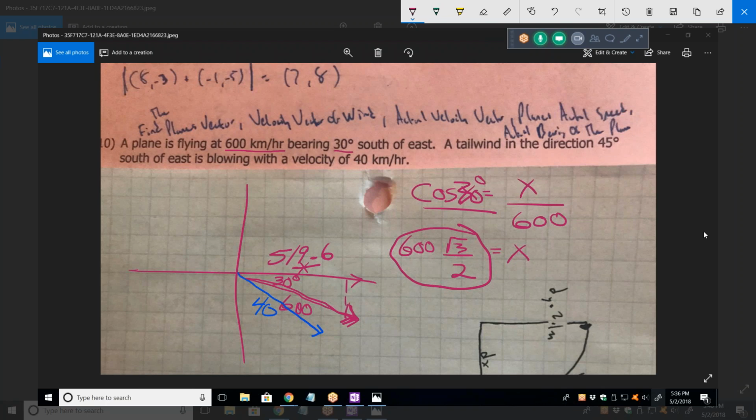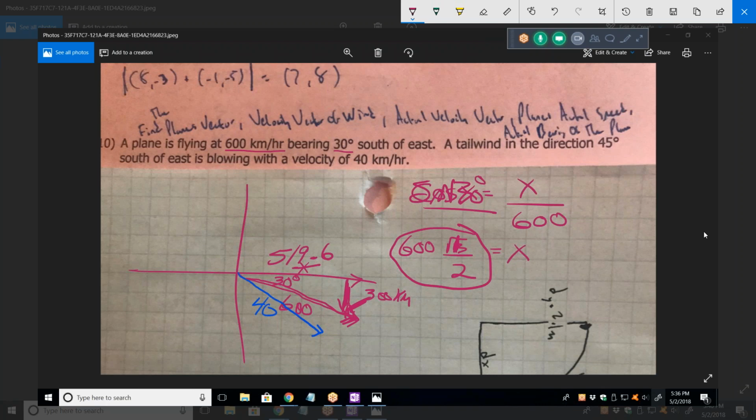And let's get the vertical, because there's a downward velocity also. Well, the sine of 30 degrees equals the opposite over 600.